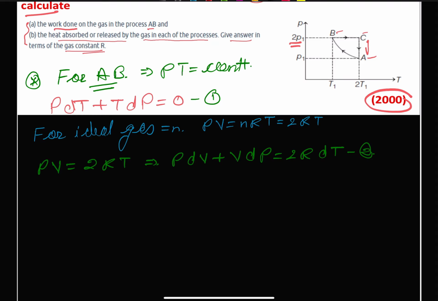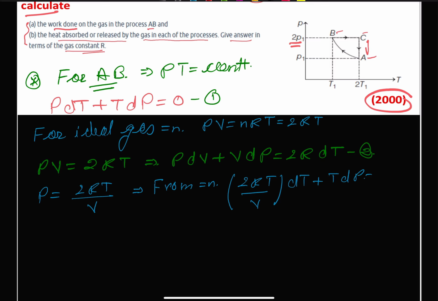Then we can make use of P is equal to 2RT divided by V, and if we use this in the first equation, so from equation 1, we substitute this P, we get 2RT divided by V, and this is our dT, plus T dP is equal to 0.